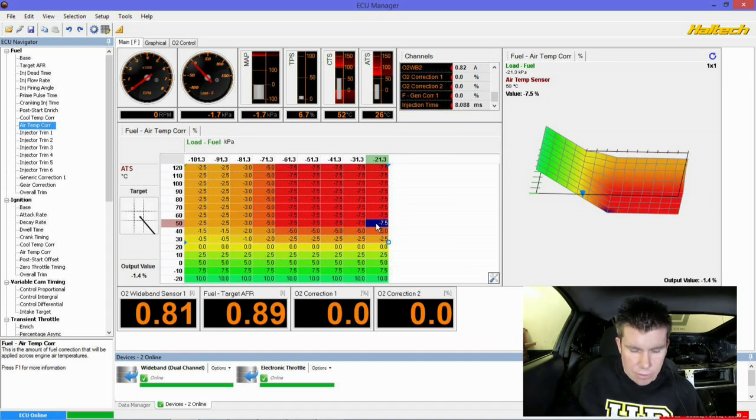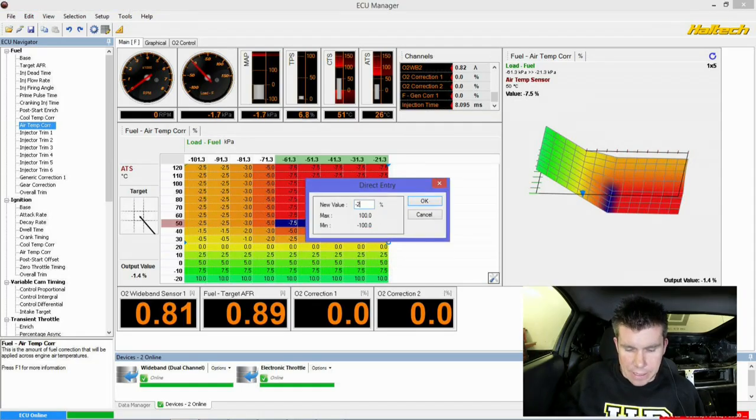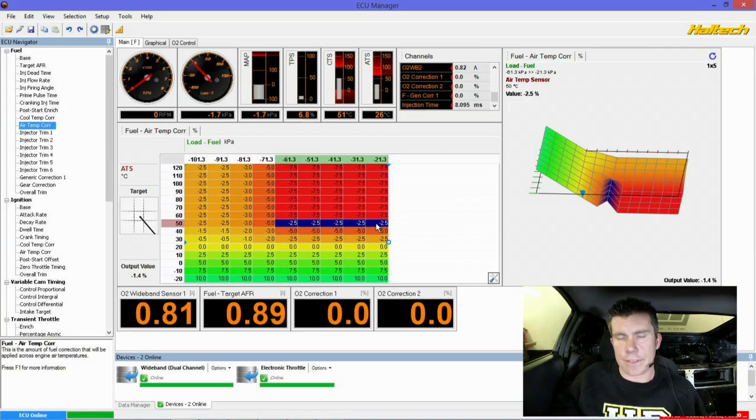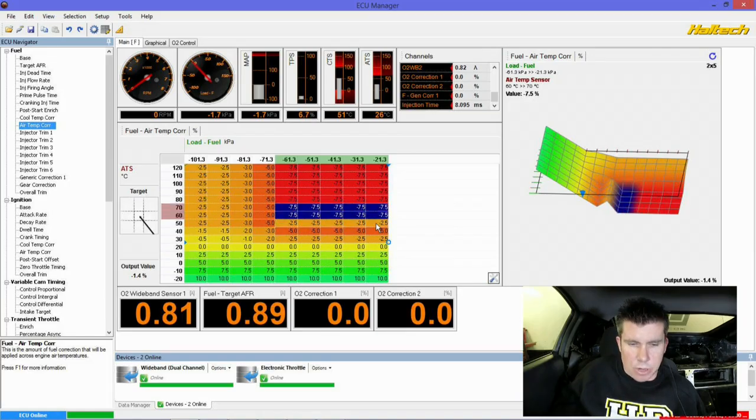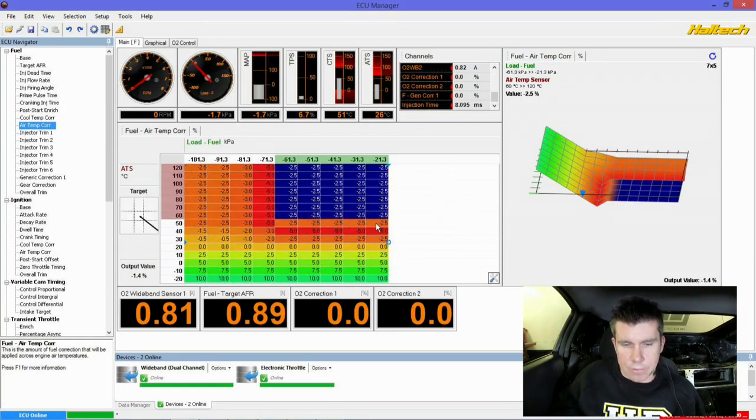So say at 50 degrees we would add 5%, so that would take our number in this table to -2.5 instead. And generally we'd probably follow that through as well to the rest of the table. So that's going to have the engine running a stable, consistent air fuel ratio right up to the point where it gets to 50 degrees, and at 50 degrees it'll actually step richer by an additional 5%.